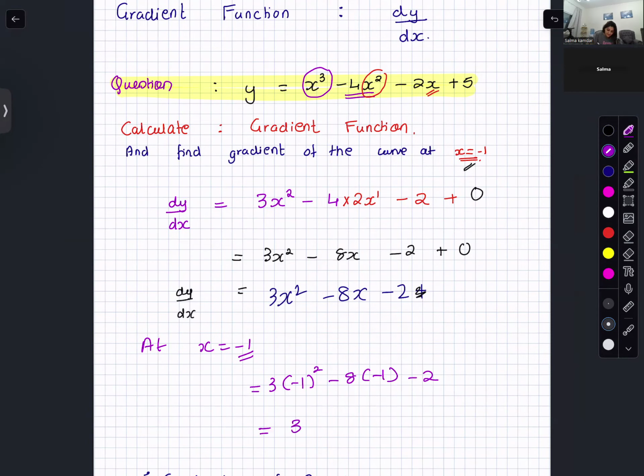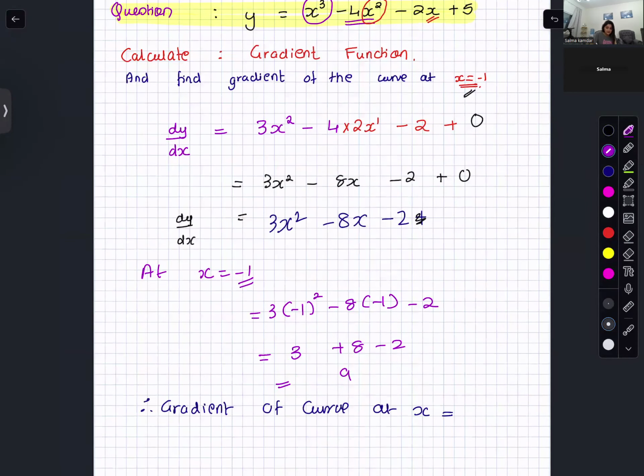So this becomes 3 plus 8 plus 2, which is 13... the gradient of the curve and the gradient of the tangent when x is minus 1 will be 9. The gradient would be 9. Now you can simply do this in the calculator also, but the derivative you have to find yourself.